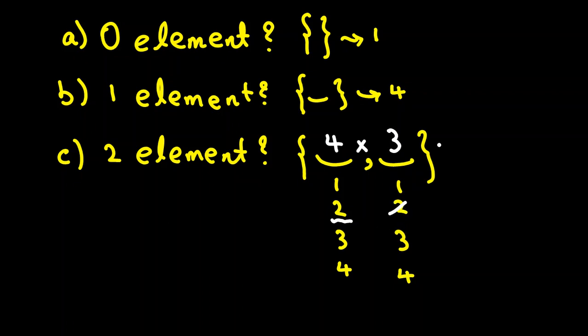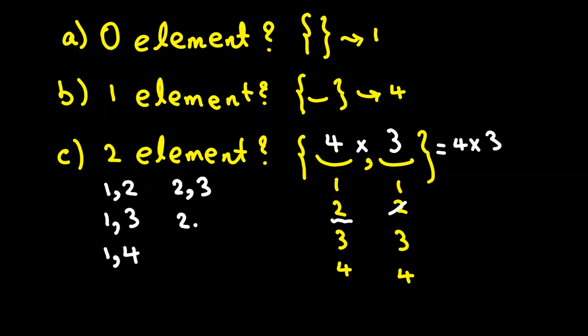So you say the answer is 4 times 3, 12. But if I write all cases, 1, 2; 1, 3; 1, 4; 2, 3; 2, 4; and 3, 4, if we count, it's 6, but here the answer is 12.